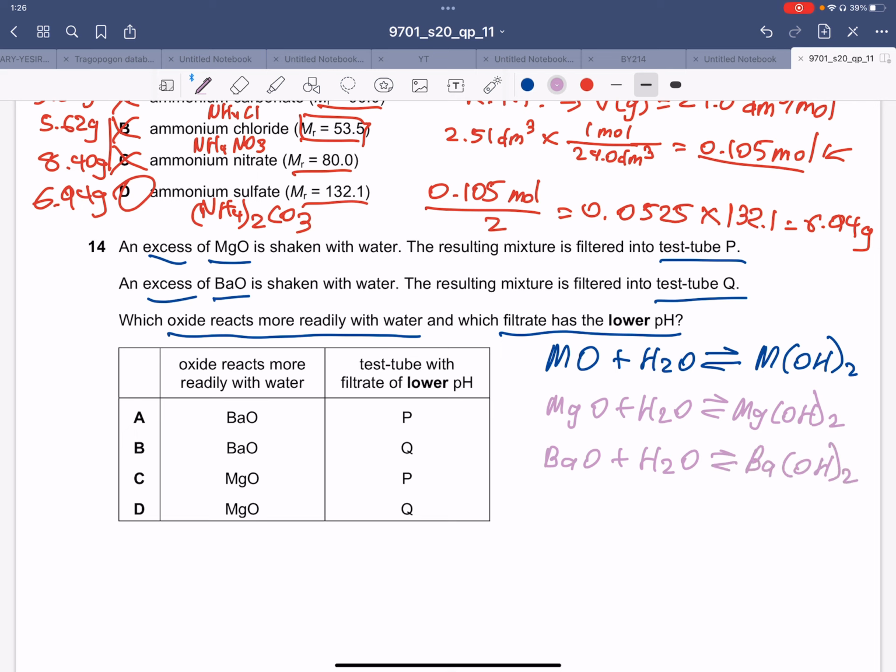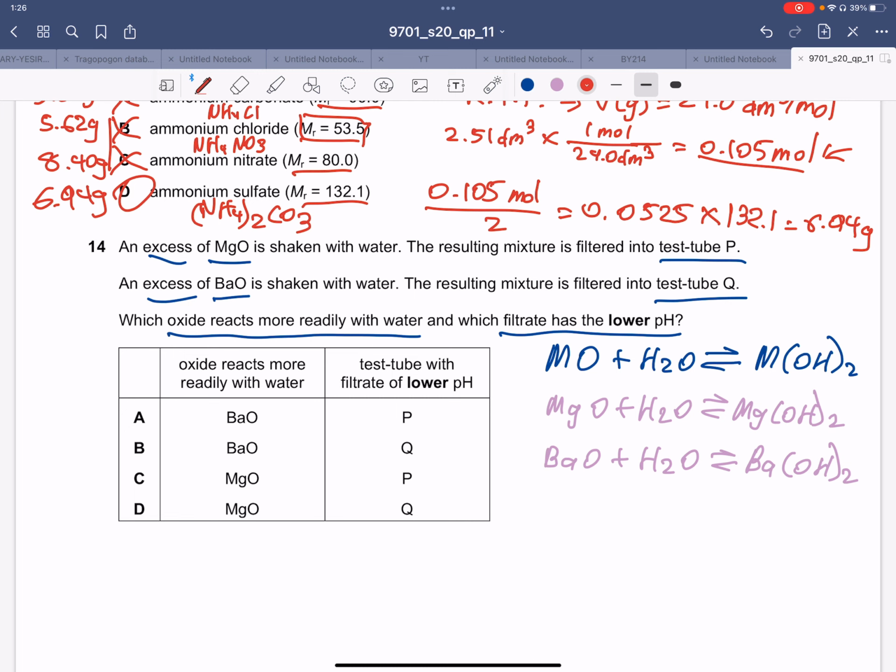If you don't know this, barium hydroxide is an incredibly strong base, and that's just something you need to know. One of the strong bases is barium hydroxide, and the more basic you are, the higher the pH. Therefore, test tube P will have the lower pH because test tube Q is more basic, since that's the one that contains barium hydroxide.